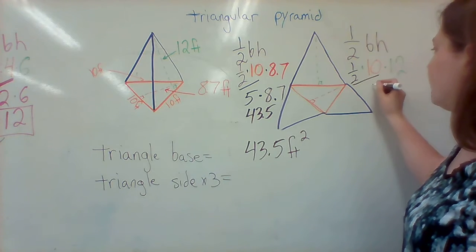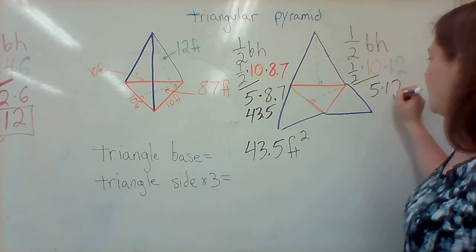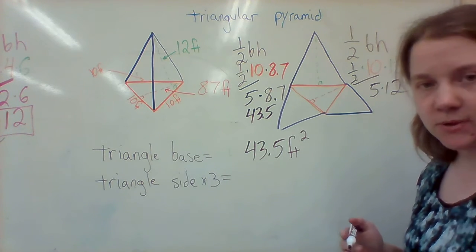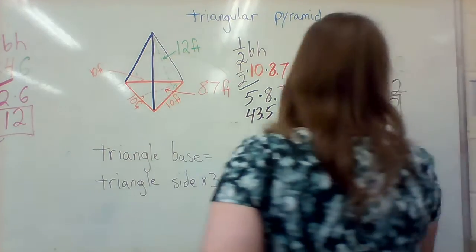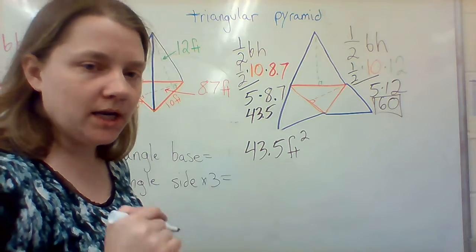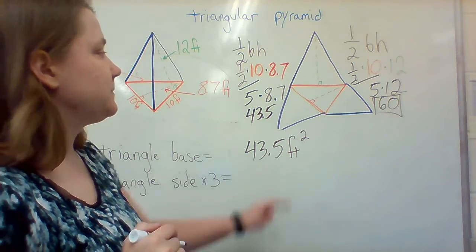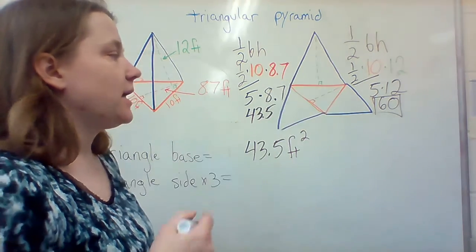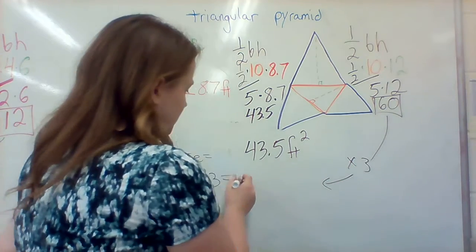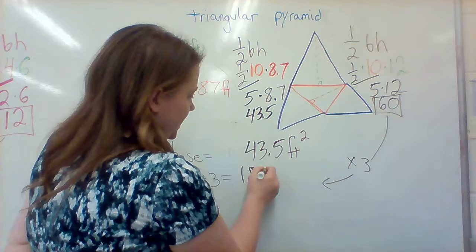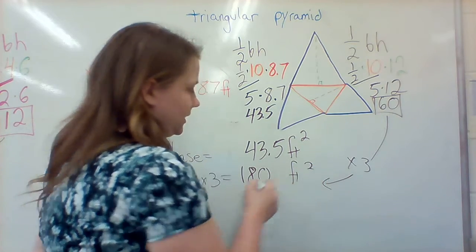I know that half of 10 is 5, times 12. 5 times 12 is 60. So 60 is the area of one of the triangle sides, but there are 3 of them. So I need to multiply 60 times 3 to get 180 feet squared.